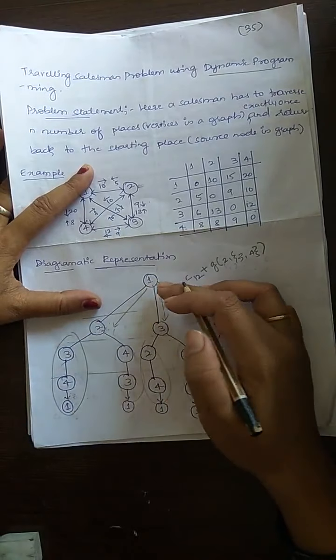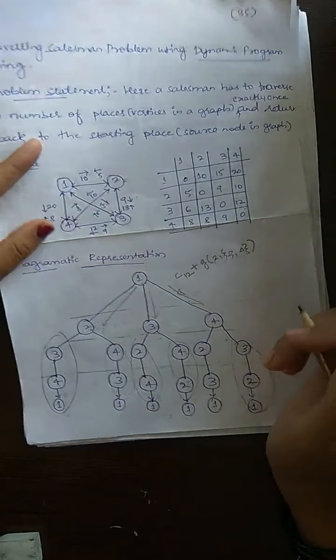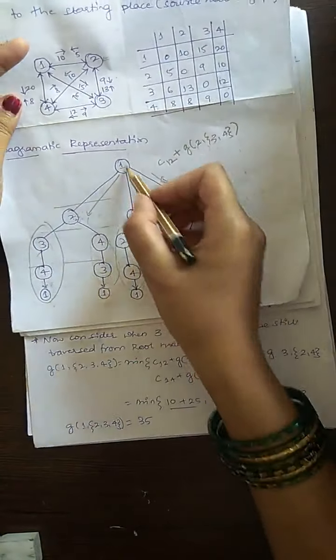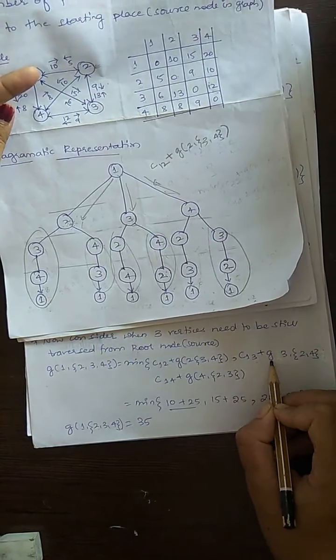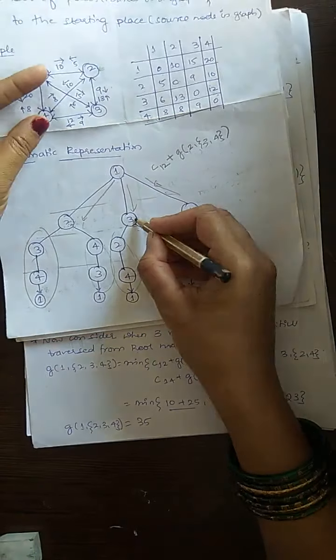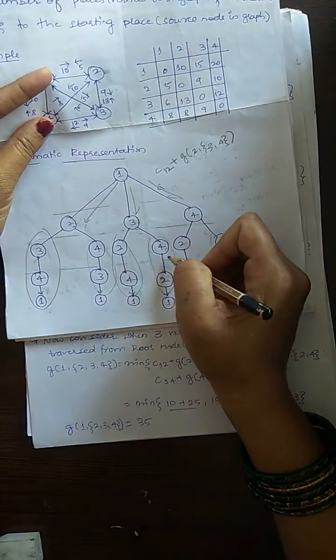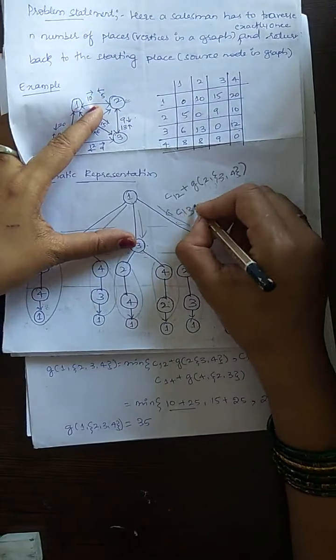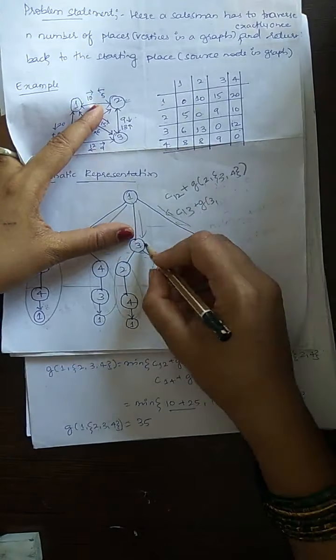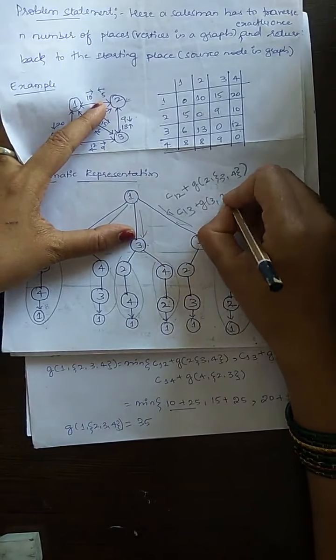Next we are going for the third path. From 1 to 3, C of 1 to 3 plus cost of from 3 to remaining. Remaining is 2 comma 4.